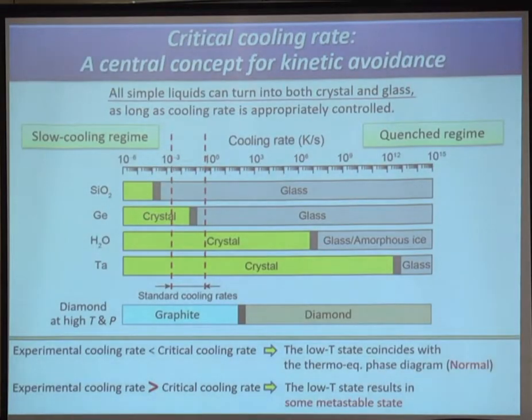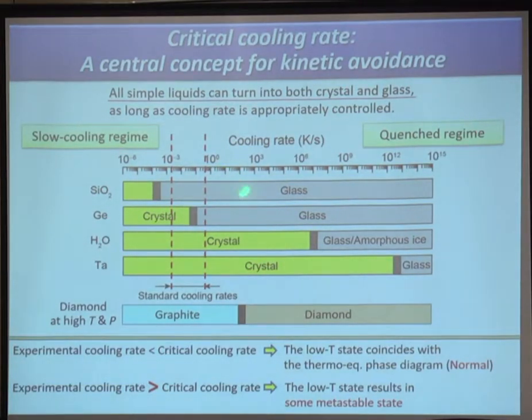So such a cooling rate limit situation can be summarized like this. The point is, for example, all simple liquids can turn into both crystal and glass as long as the cooling rate is appropriately controlled. This critical cooling rate separating the slow cooling regime and the rapid cooling regime varies by more than 16 orders of magnitude from liquid to liquid.